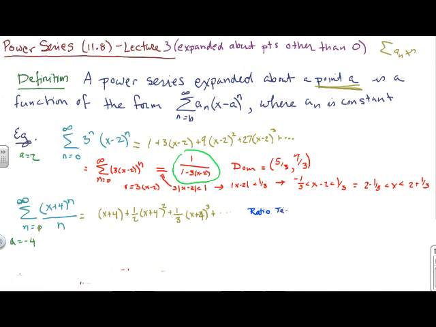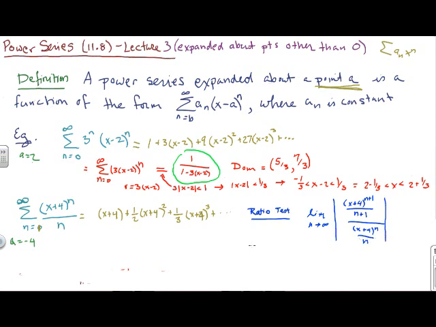But the ratio test, I'm going to look at the limit as n goes to infinity of the absolute value of the n plus first term, that's x plus 4 to the n plus 1 over n plus 1, divided by the nth term, x plus 4 to the n over n.